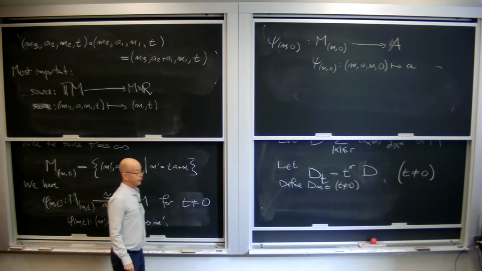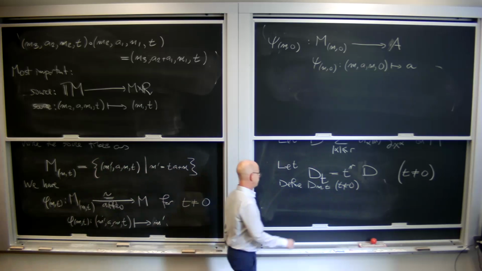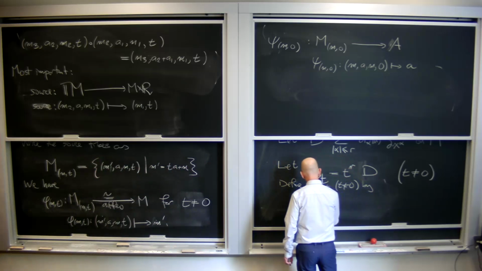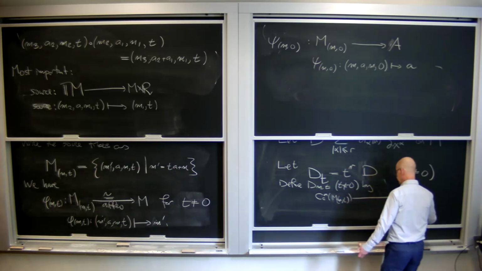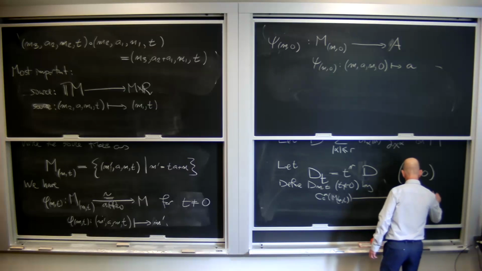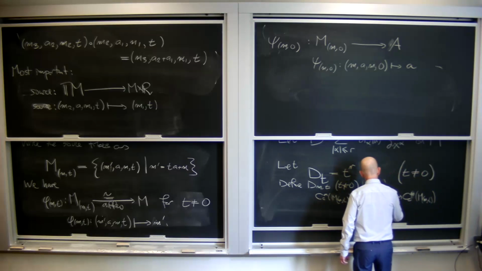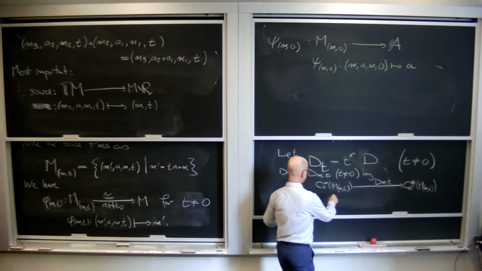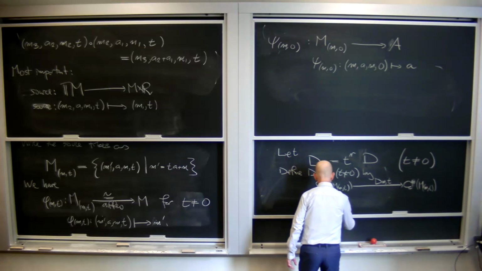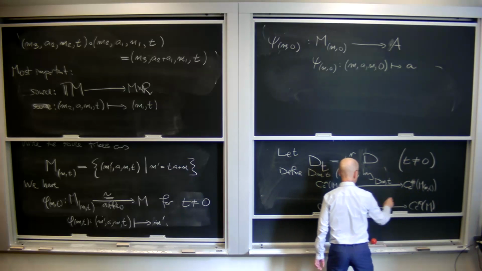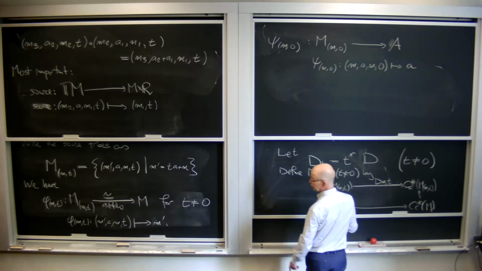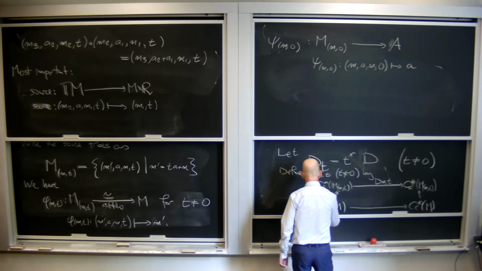I'm going to build an operator on each source fiber, at least when t is not 0, to begin with, in the obvious way. Here are the functions on M sub mt. I want to build an operator on that space of functions. That's what a differential operator is, excuse me. So the operator will live here. Maybe I should say will act here. But of course, this space is just a copy of C infinity of M, just by composing with phi mt. So this map here is phi mt composing with.